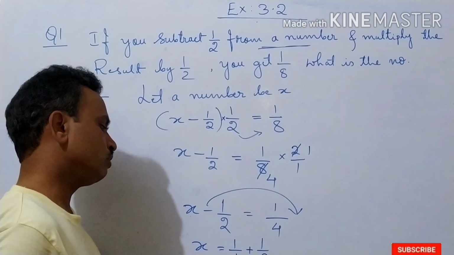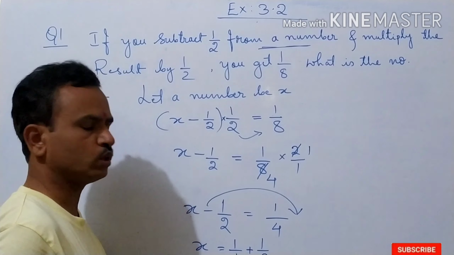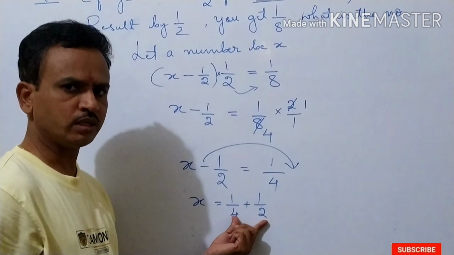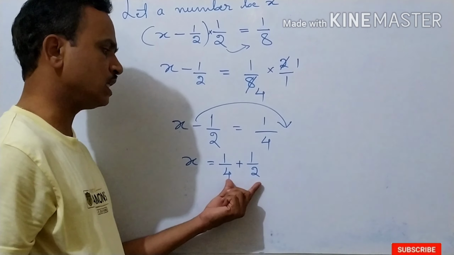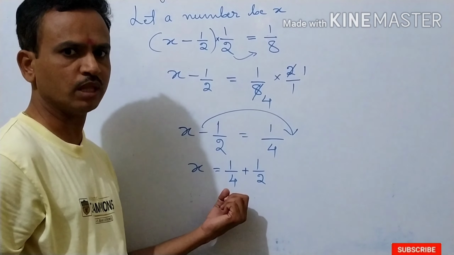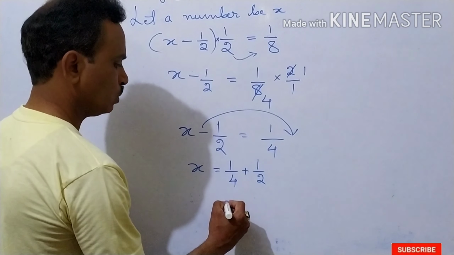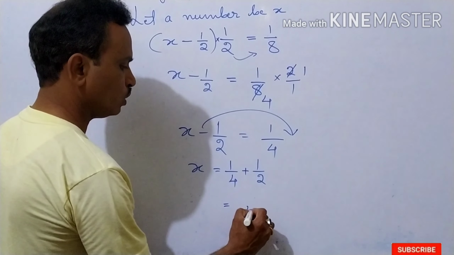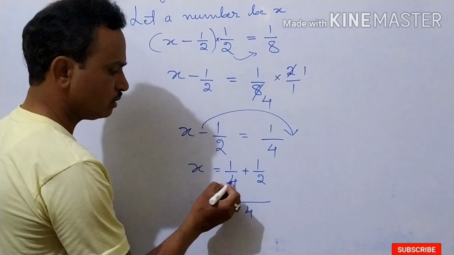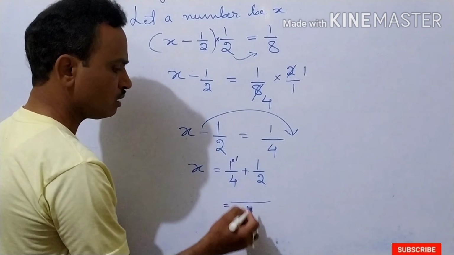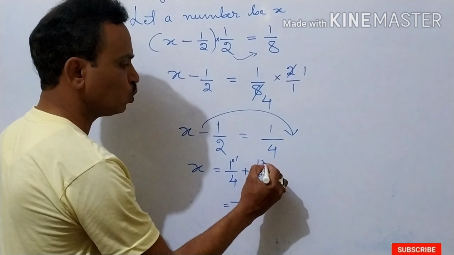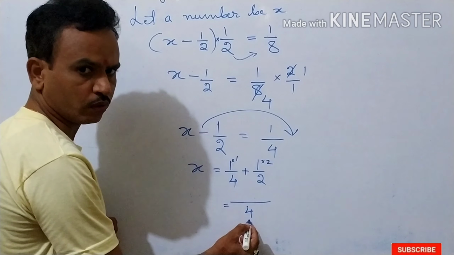Okay. Now here 4 and 2. You take these two numbers and find the LCM. You know that in the 2 table you will get these two numbers. So which one is the highest number? That one will become the LCM. So LCM is 4. Now here denominator 4 is there. 4 ones are 4. Here denominator 2 is there. 2 twos are 4.